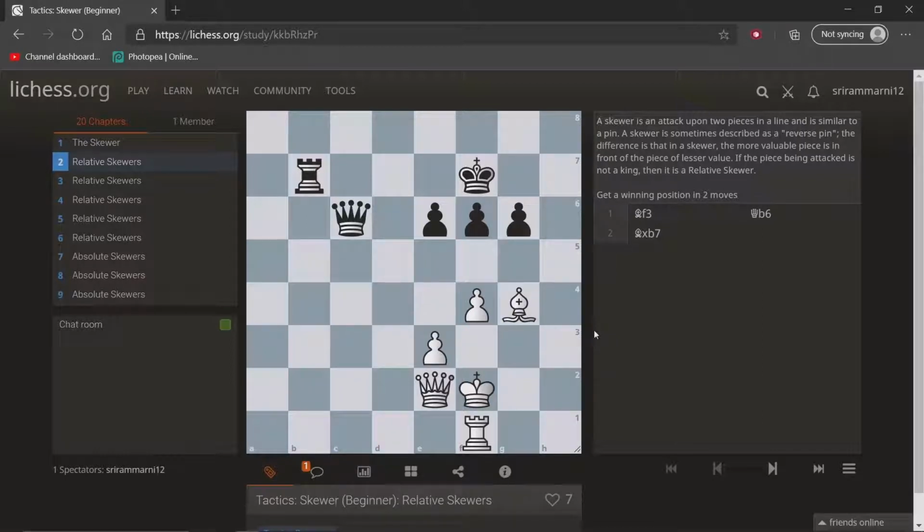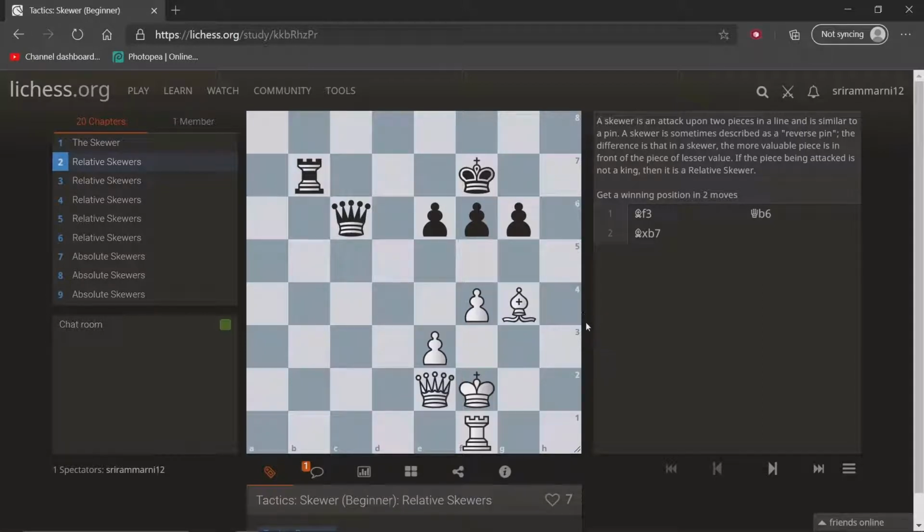And the last piece is behind our higher value piece and gets captured after that higher value piece moves away and allows it to be captured. In short, a skewer is when a higher value piece is attacked, but the piece moves and the piece behind it is under attack and can be captured. You can also remember this by thinking about it as a reverse pin.